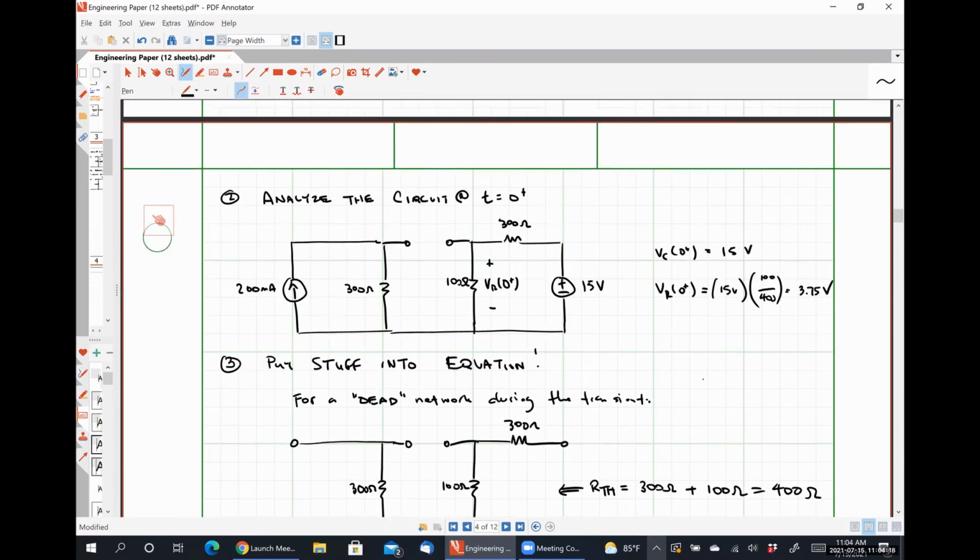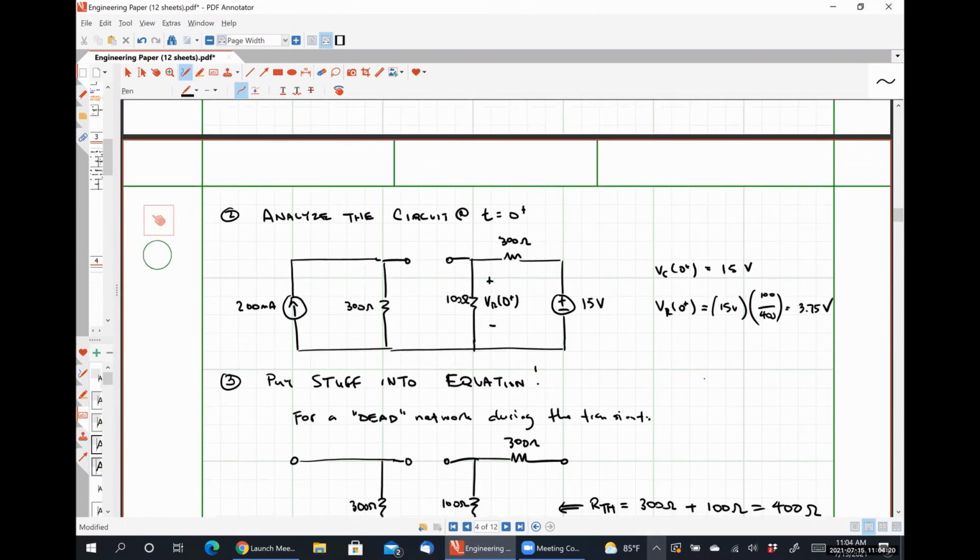What I mean by that is when we're looking at this 15 volt source representing our capacitor, we can easily see that it's just the 300 ohm resistor in series with the 100 ohm resistor. Those are the only resistors actually connected to the capacitor.